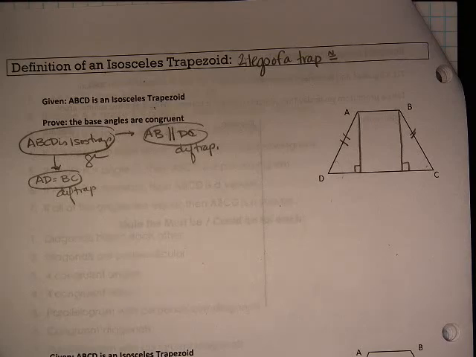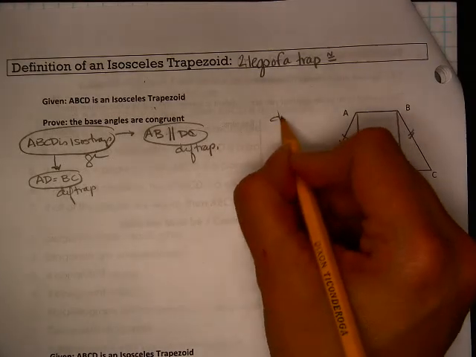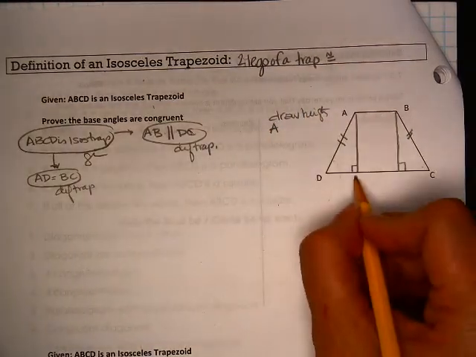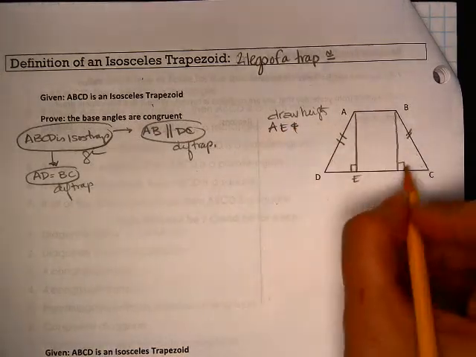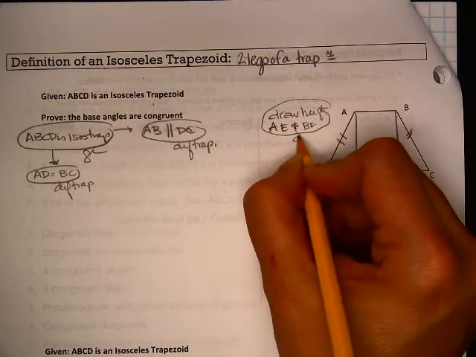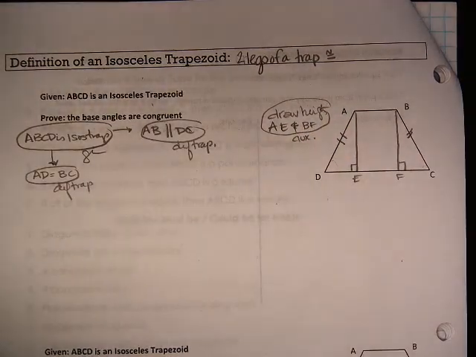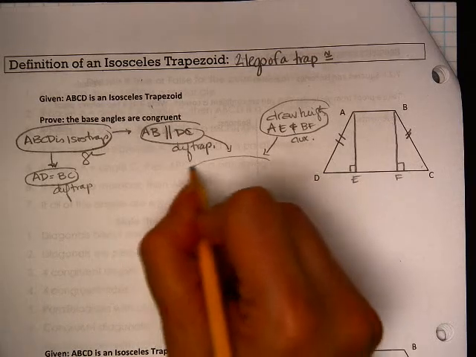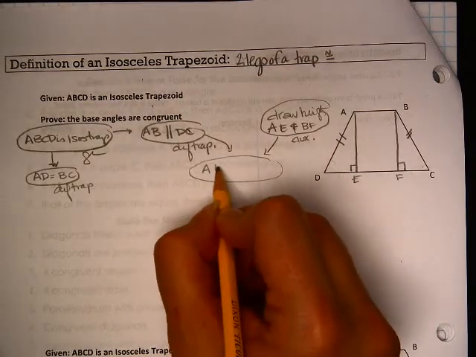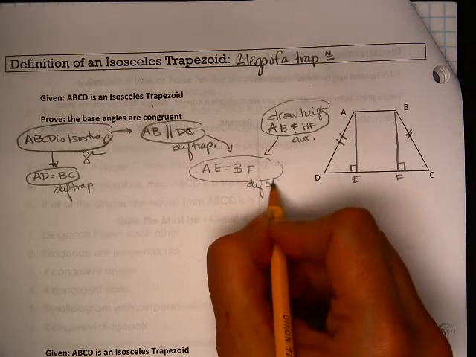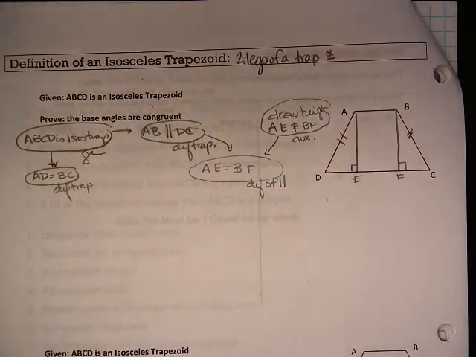So if I draw in the 2 heights, AE and BF, remember, you can draw heights in anything, so just make it 90 degrees. You don't know what else it does, but you know it's 90 degrees. And if I use these 2 facts, that it's a height and that it's parallel, I actually know that AE is equal to BF because of the definition of parallel, that they are always the same distance apart.